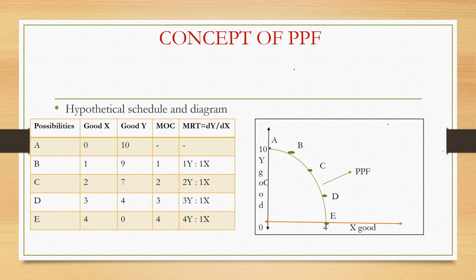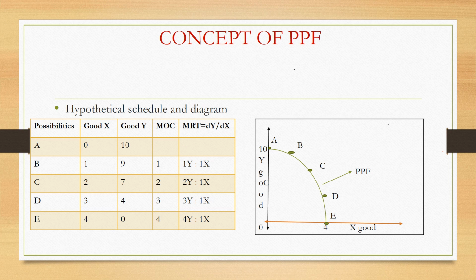Now, when we increase the production of good X from 0 to 1, when the entire resources are utilized for the production of good Y, 10 units of good Y are produced. Now, to produce 1 unit of good X, the resources are used and the remaining resources are used for the production of good Y. So we find good X 1 unit, good Y 9 units.